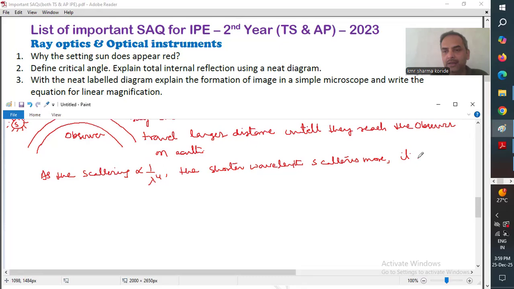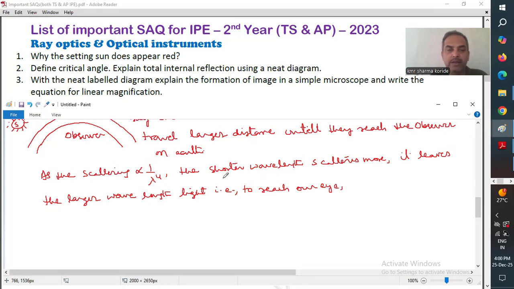It leaves the larger wavelength light, that is red, to reach our eye. So this is the main reason for the appearance of the sun as red at the time of sunset and sunrise. Let us continue with the next question.